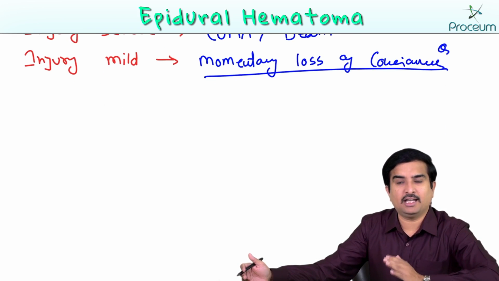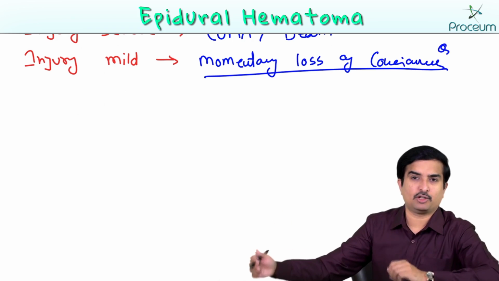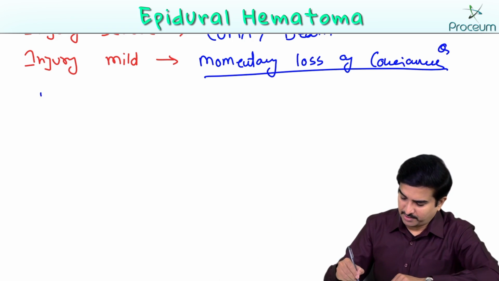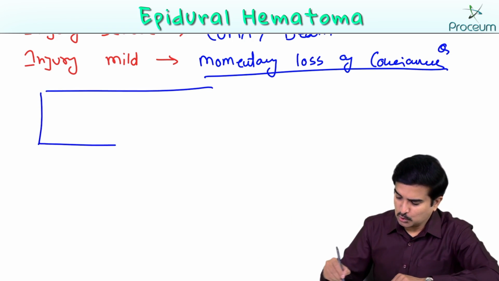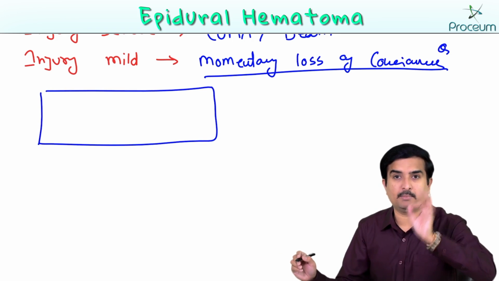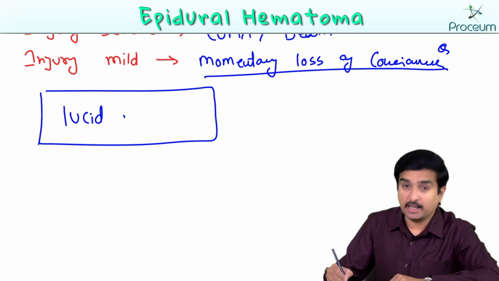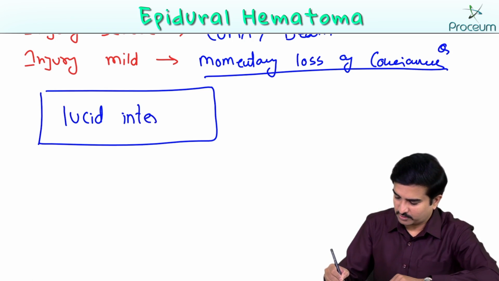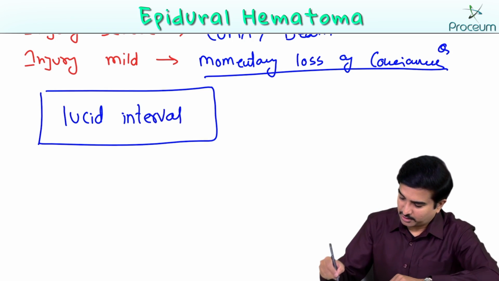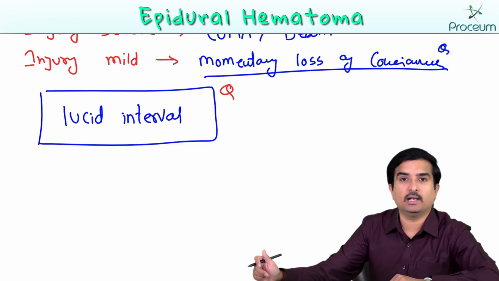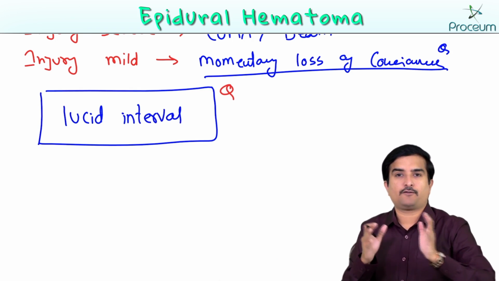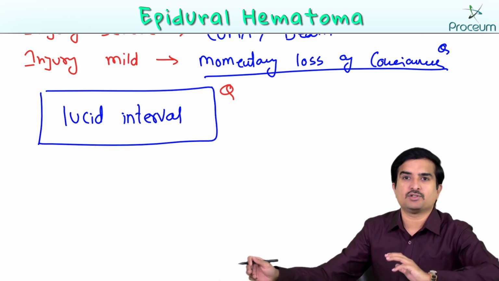So after that, there is a period. I mentioned the period, right? That period is called the lucid interval. Remember this terminology. What is this? Lucid interval, right? Concentrate on this point, lucid interval. So there is a momentary loss of consciousness.